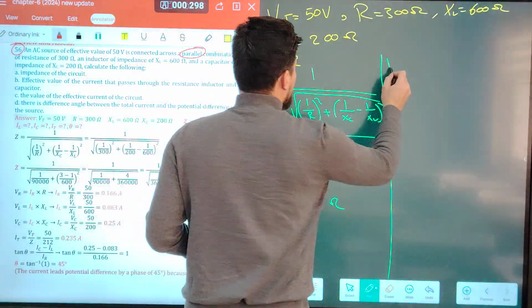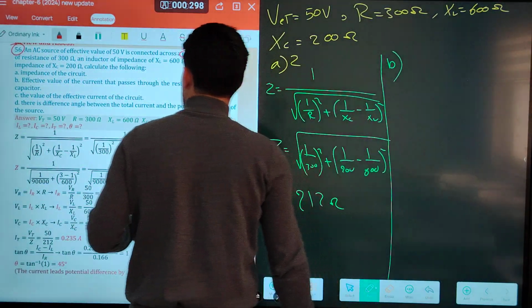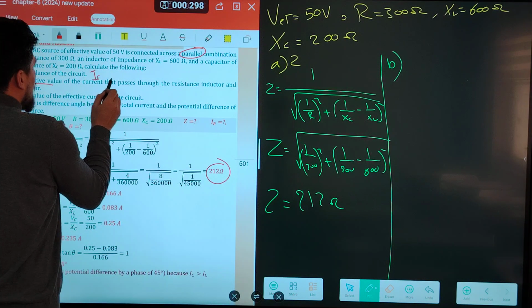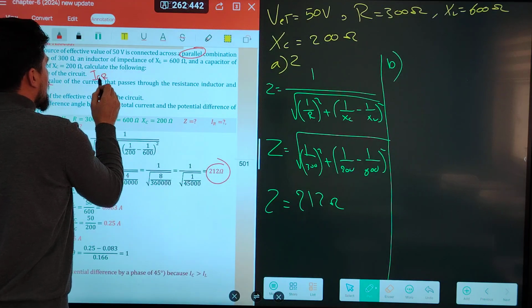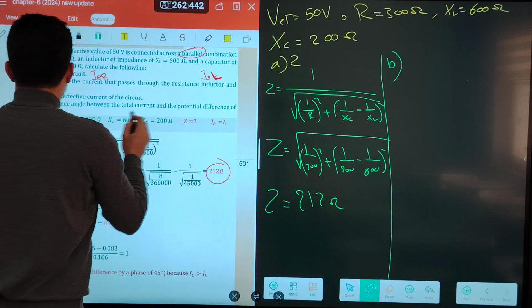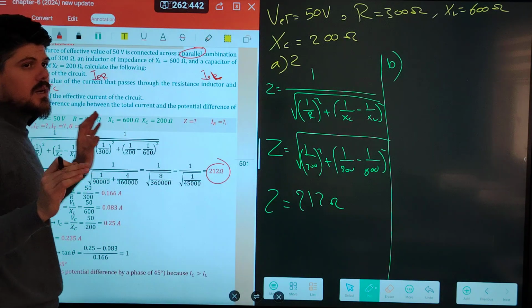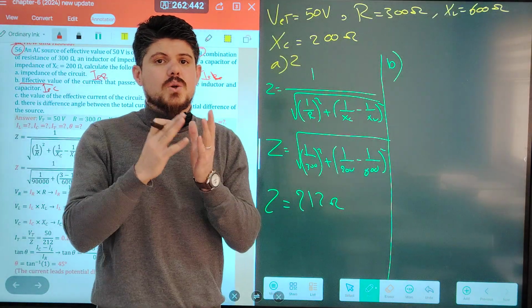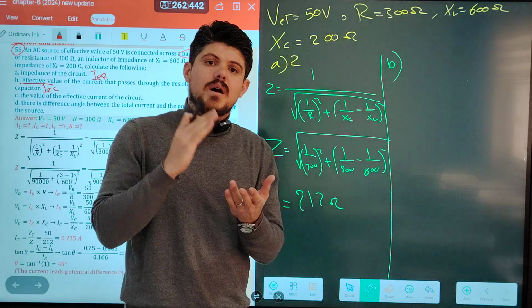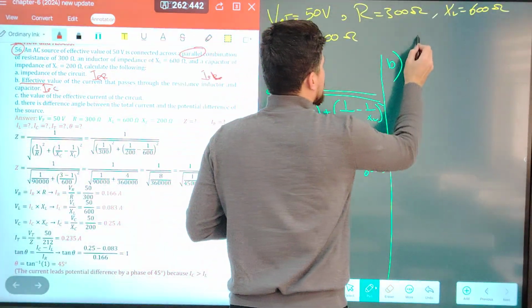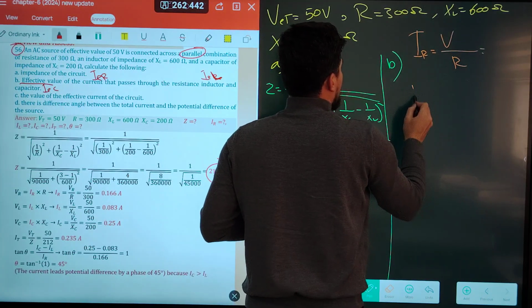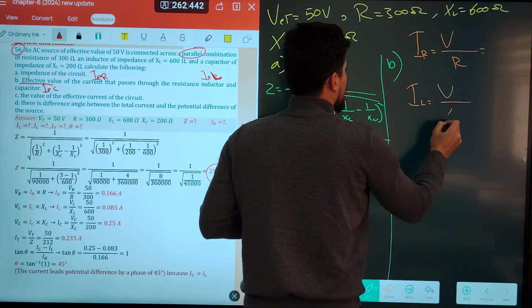This is branch A. Branch B: what is unknown? The effective value of the current through the resistor, the inductor, and the capacitor, which are IR, IL, and IC. How can you determine IR? V over R. IL is V over XL.